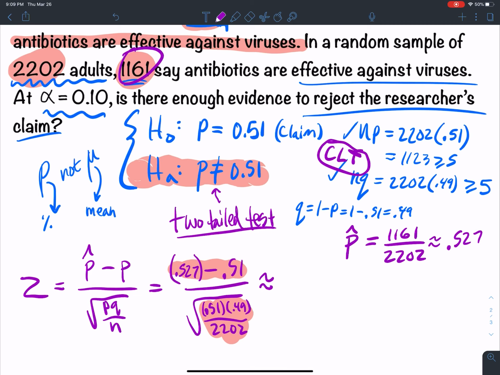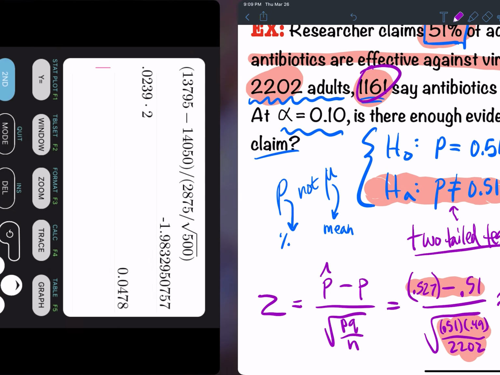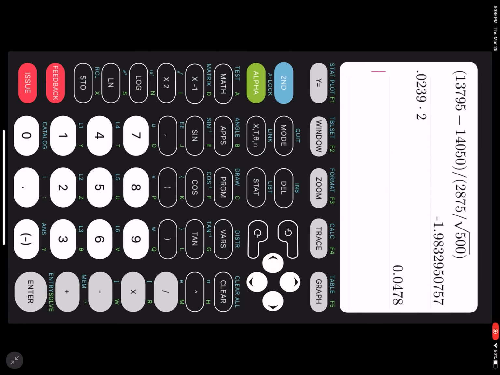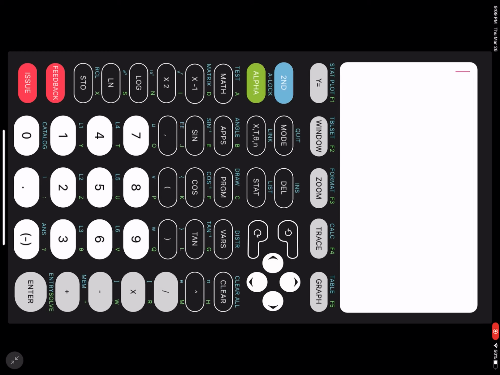Okay, that might help you because it's kind of a lot to type into your calculator all at once. So maybe I should show you what I mean. It's kind of complicated. Just do parentheses 0.51, close parentheses, times parentheses 0.49, close parentheses, divided by 2,202.